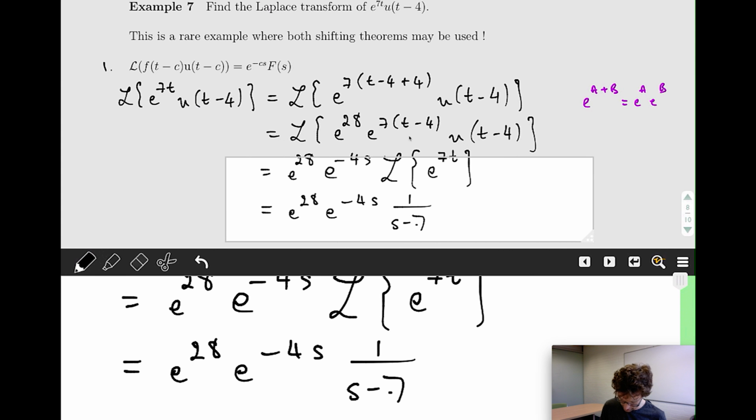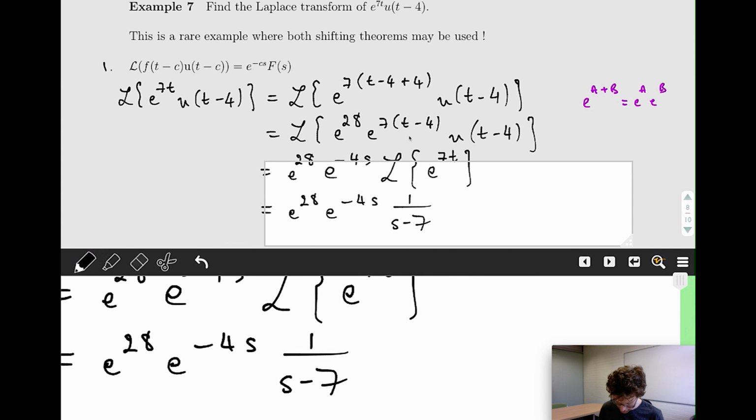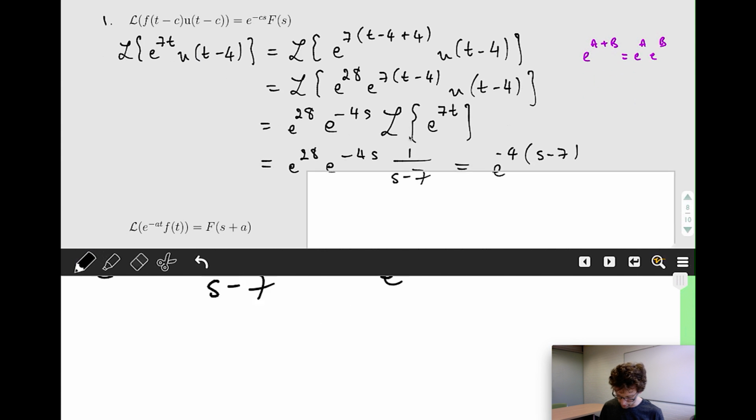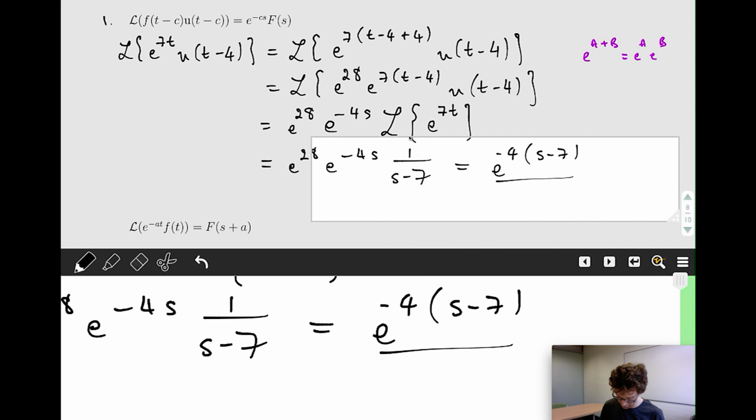That's one of the tabled Laplace transforms. I can actually tidy this up a little bit by putting back together those exponentials, e to the 28 minus 4s, or if I take out a common factor of minus 4, I get e to the minus 4 times (s minus 7), all over s minus 7.